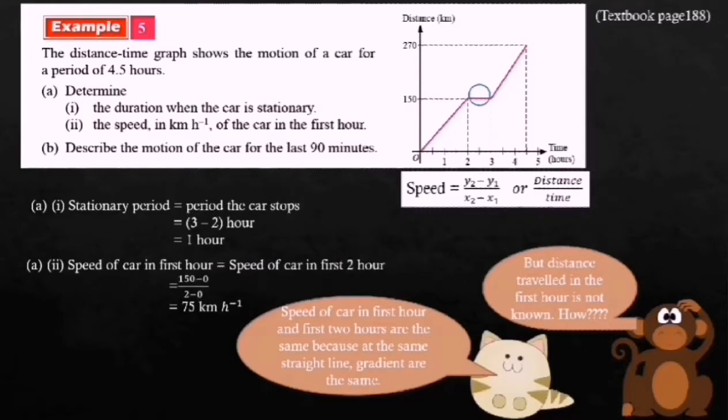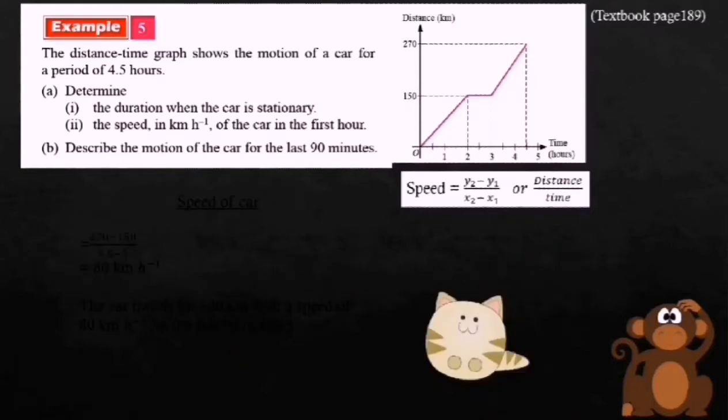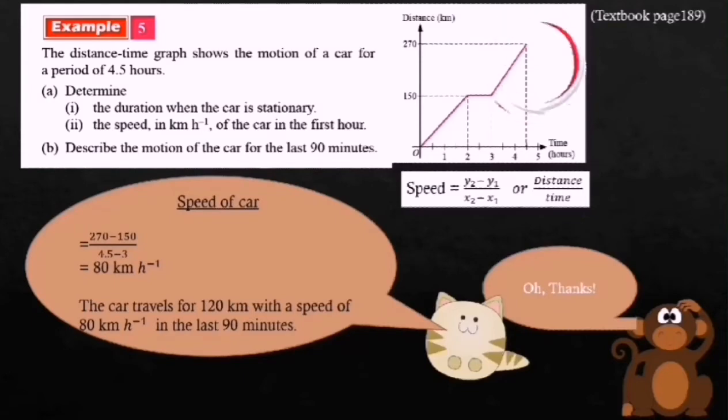B. Describe the motion of the car for the last 90 minutes. So where is the last 90 minutes? Last 90 minutes actually is 1.5 hour, right? So it's this part. So speed of car is 270 minus 150 divided by 4.5 minus 3 equals to 80 km per hour.